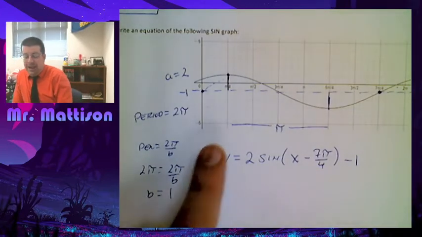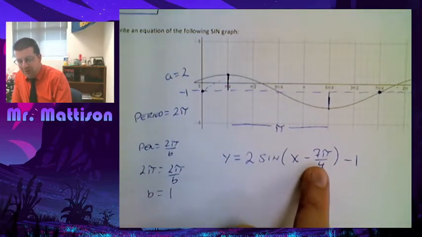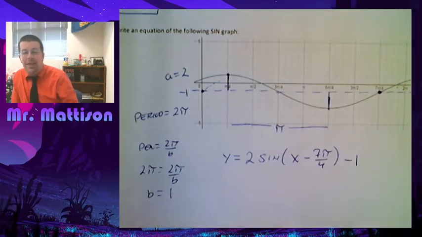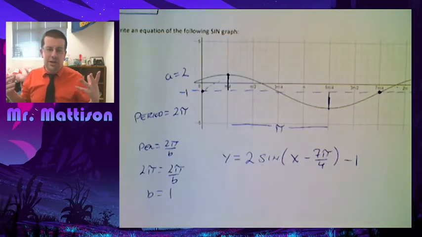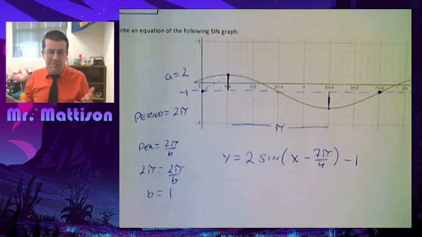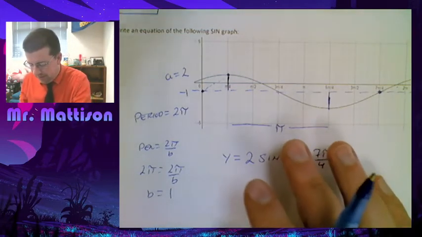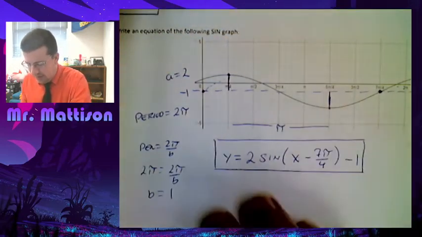I could also, like I mentioned, shift it just to 3 pi over 4 and have it be minus 3 pi over 4, then throw a negative here. That works too. There's an infinite number of different ways that I could do this. Try and shoot for the easy ones, right? Don't just make it hard for the sake of making it hard and being different, right? Okay. So there is my solution to that one.